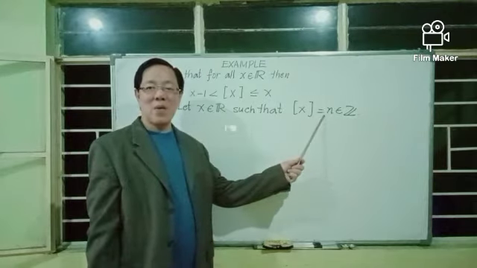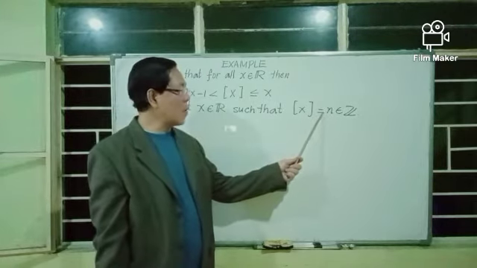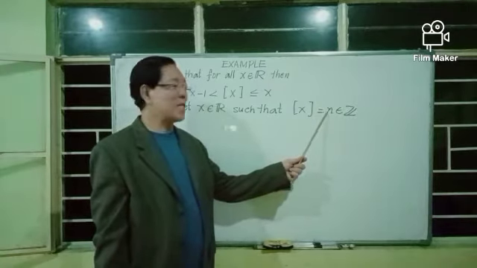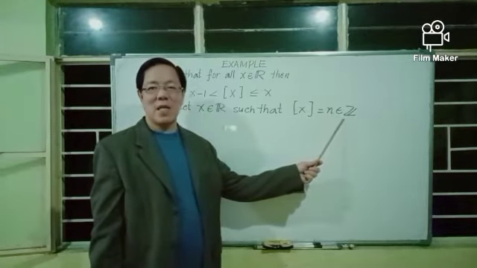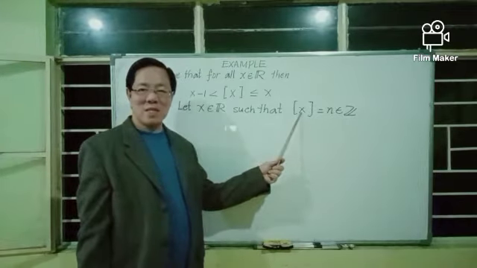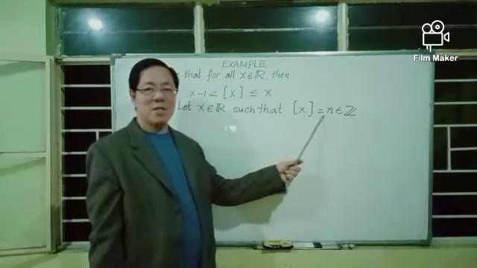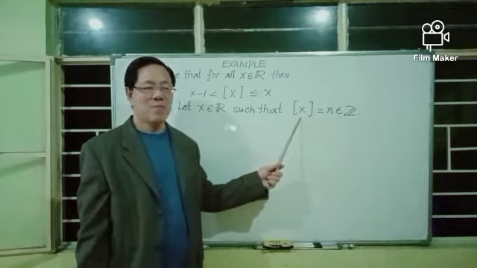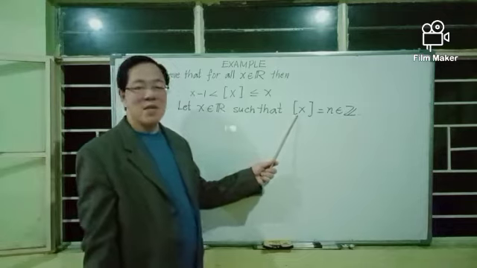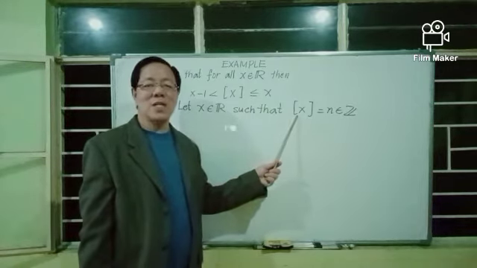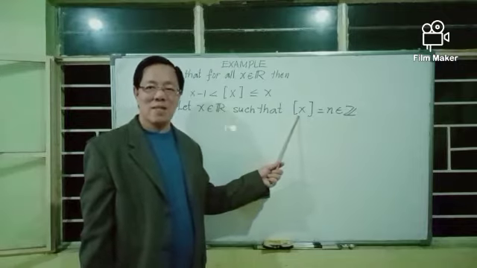The value of the greatest integer function is always an integer, so n is an element of the set Z of integers. That is why it's called the greatest integer function. The greatest integer function of x is the greatest integer that is less than or equal to x.